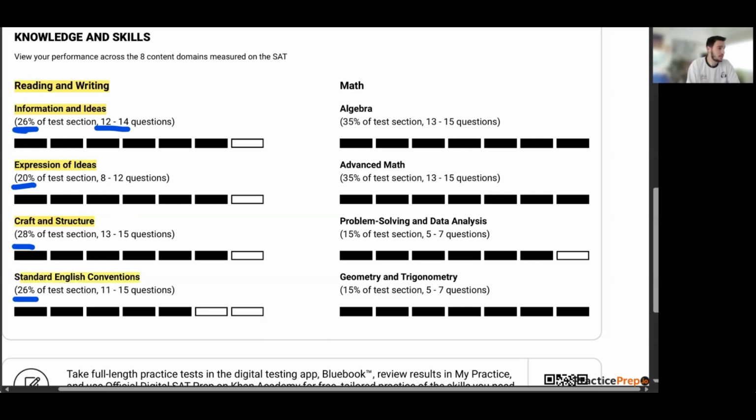So I would definitely suggest us to specifically focus on craft and structure. So that means how to find the missing information in the text, or how to understand the structure of the text. And we will definitely work on information and ideas and standard English conventions heavily as well. But of course, I'll help you in this point here as well.